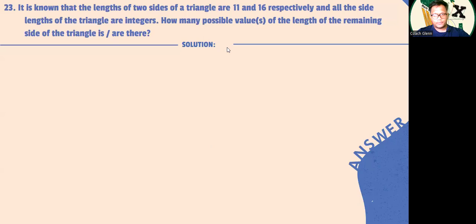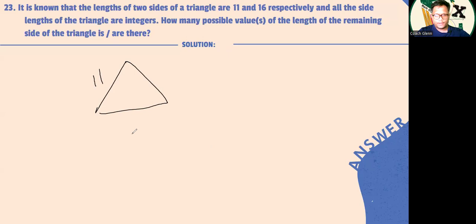It is known that the lengths of two sides of a triangle are 11 and 16 respectively, and all the side lengths of the triangle are integers. How many possible values of the length of the remaining side of the triangle are there? Okay, so we have a triangle.